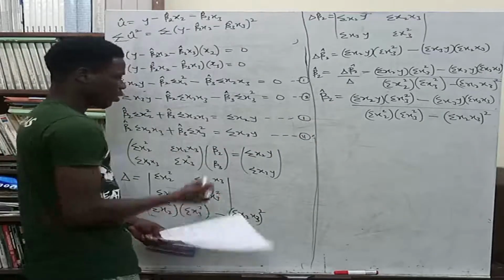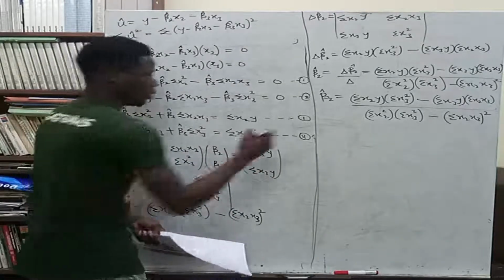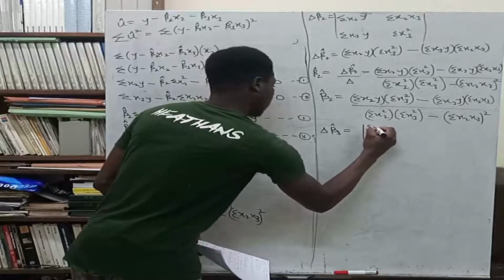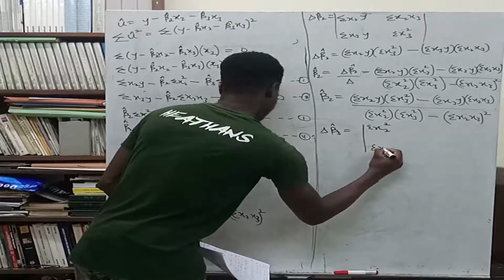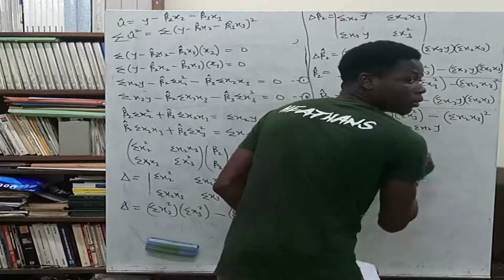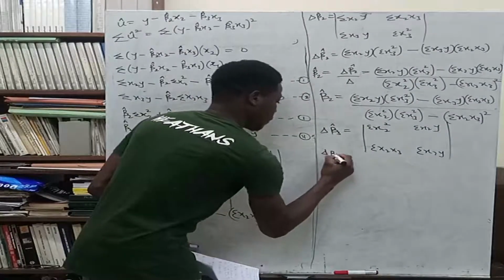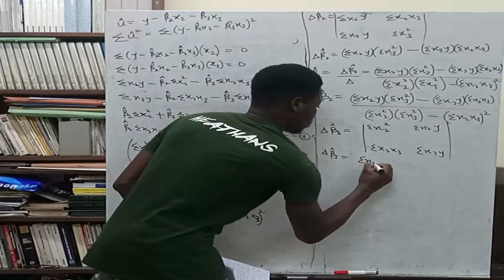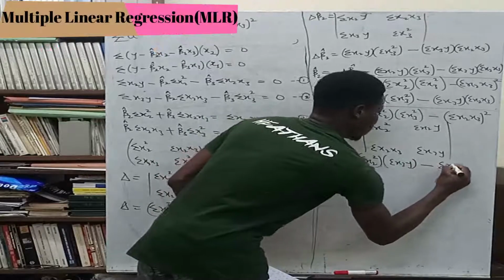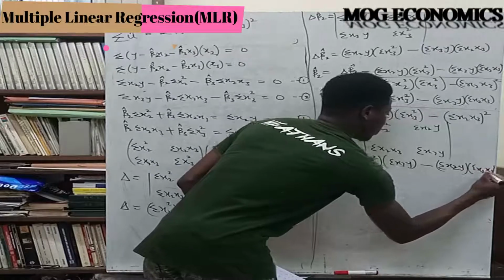For beta 3 now, all we have to do is to replace the second column with this. So say we derive beta 3: it is summation x2 squared, summation x2 x3, then we have summation x2y, summation x3y. So summation x2 squared multiplied by summation x3y minus summation x2y multiplied by summation x2 x3.